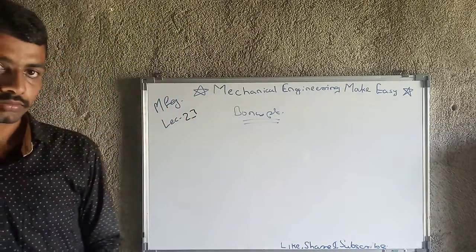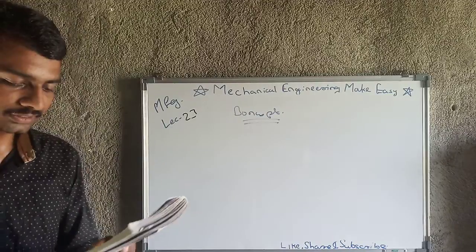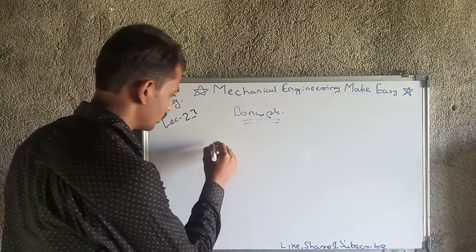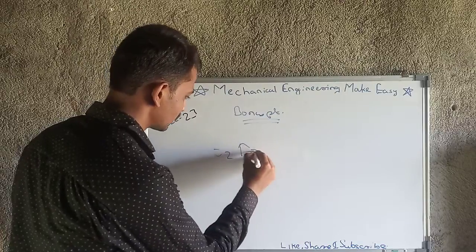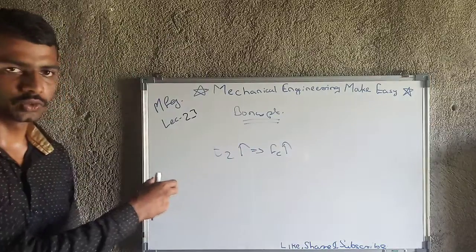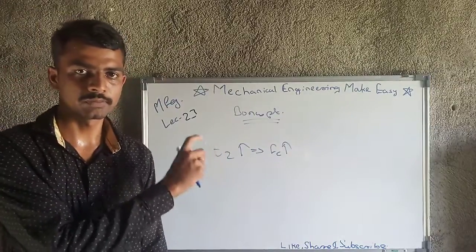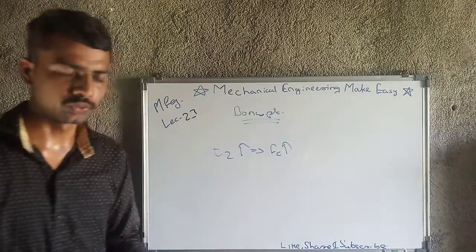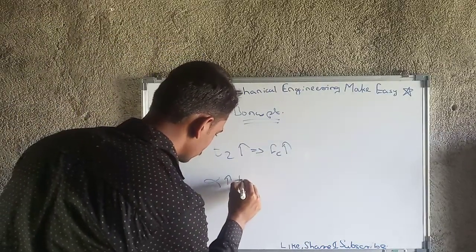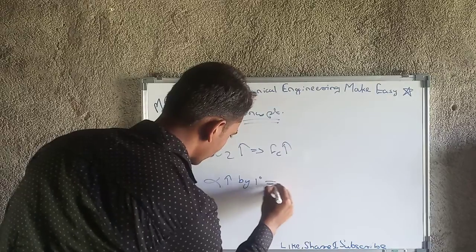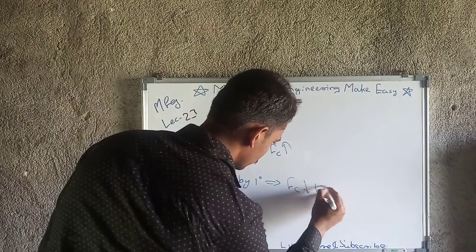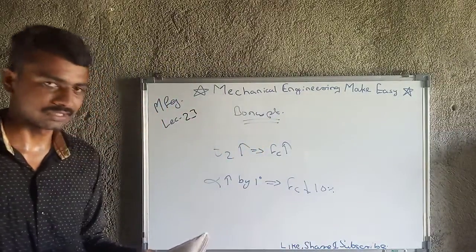Okay, there is a relation between chip size and the cutting force. If chip size increases, meaning if t2 increases, then ultimately cutting force will also increase. Then if alpha increases by 1 degree, then ultimately cutting force will decrease by 10%.